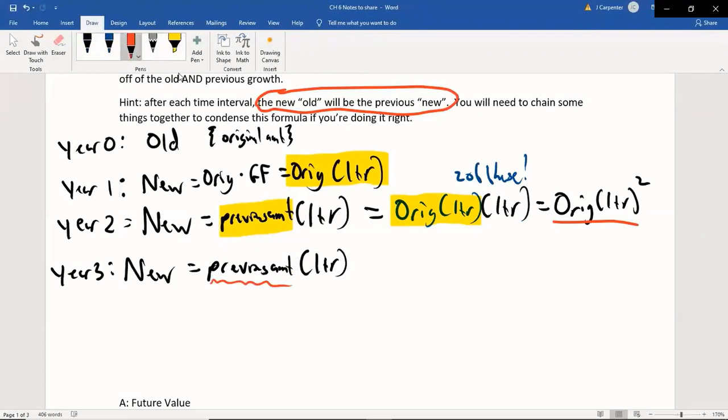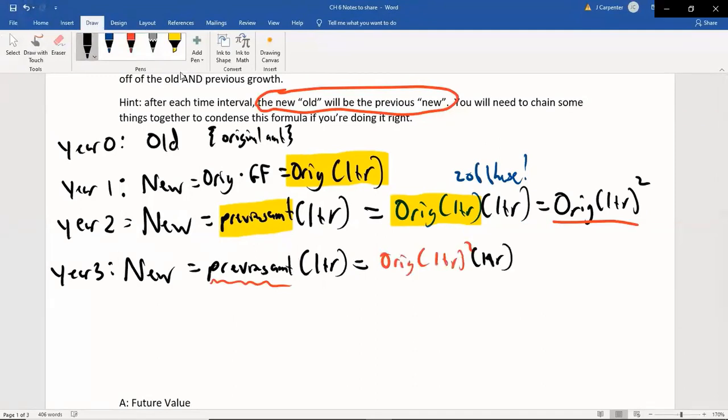So look at this, this original times 1 plus r squared, I'll write that in red underlined. So the previous amount here, instead of writing previous, I write original times 1 plus r squared. But we still have this extra 1 plus r that needs to go here. Are you starting to see the pattern?